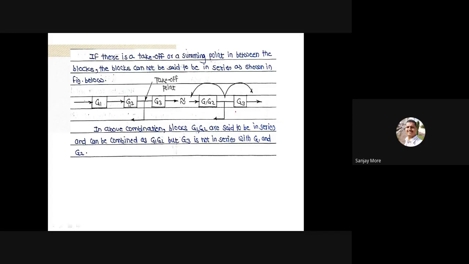Only G1 and G2 are considered connected in series and can be combined as G1 G2, but G3 is not in series with G1 and G2. Why? Because between G2 and G3 a takeoff point or summing point is added. That's why G1, G2, G3 are not considered in series. Understood? Write down.